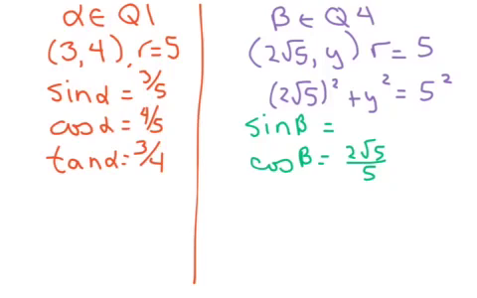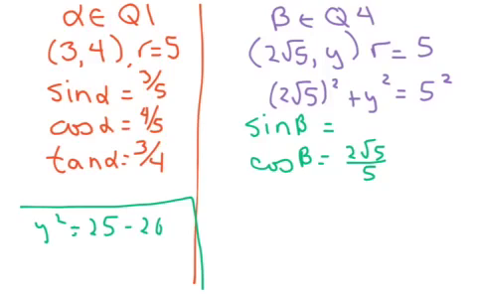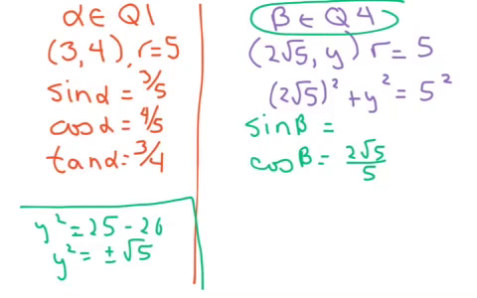So we have to find y, and by using the Pythagorean theorem, we're going to get, let me do it over here, y squared equals 25 minus 20. So y equals plus or minus root 5. Since we're in quadrant 4, our y is negative, so we're going to just take the negative, because y is negative in quadrant 4.